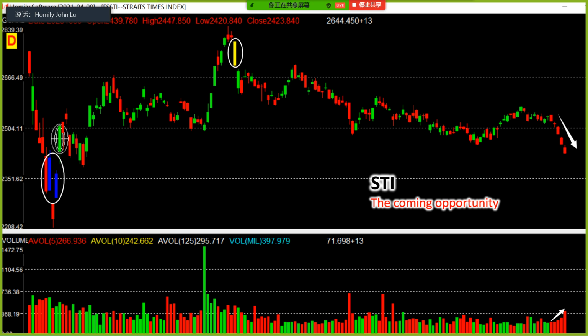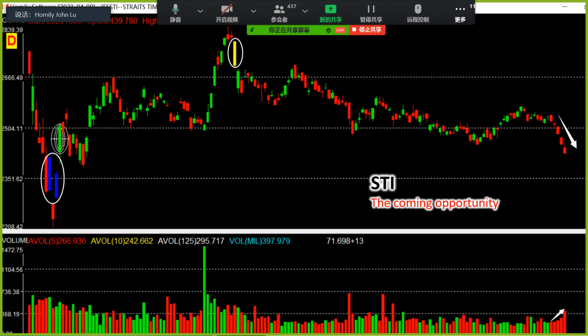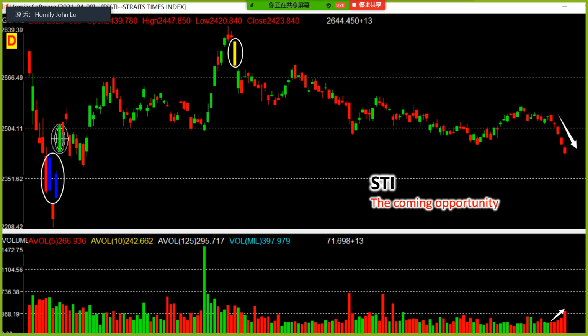Okay, volume enlarges, you will say to me, John, volume enlarging represents many people wanting to buy. Yes, but it also means many people already sold. So how to understand? How to get the indication from the chart? For me, I will let you understand the chart this way.